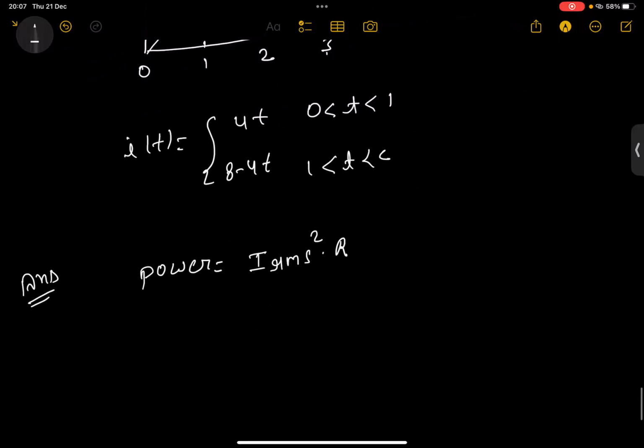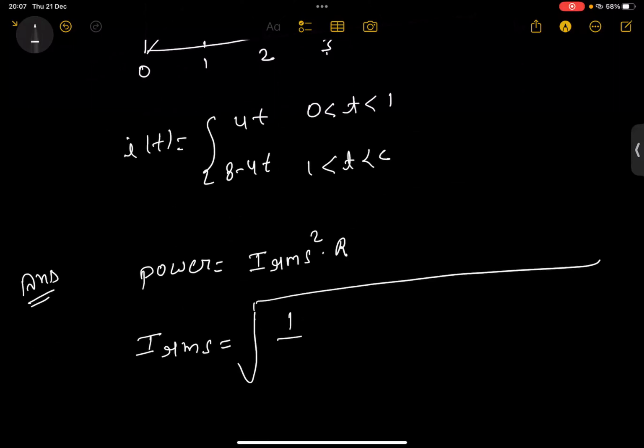That's why we have to calculate the RMS value of current. IRMS equals under root 1 by T, integral 0 to T, i(t) square dt.